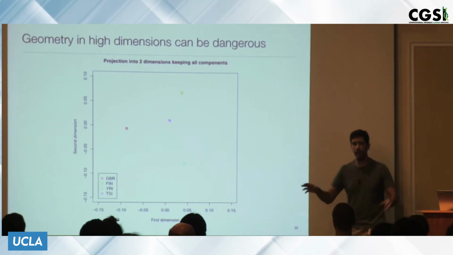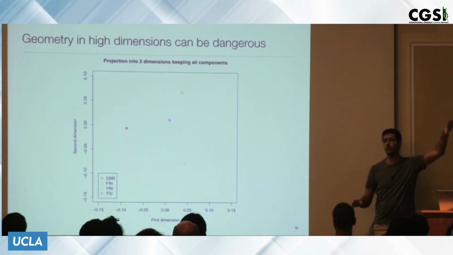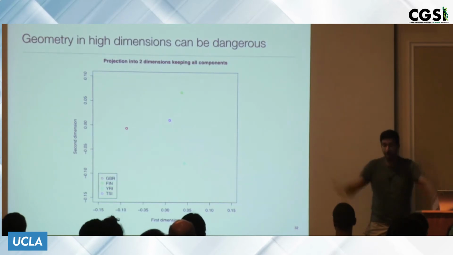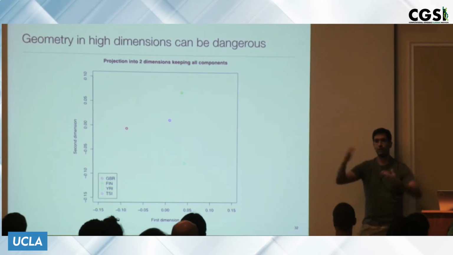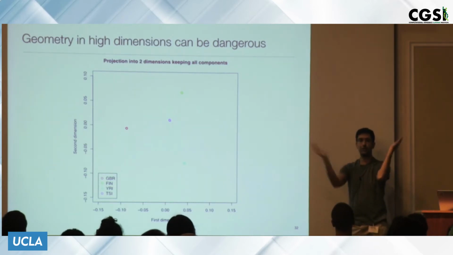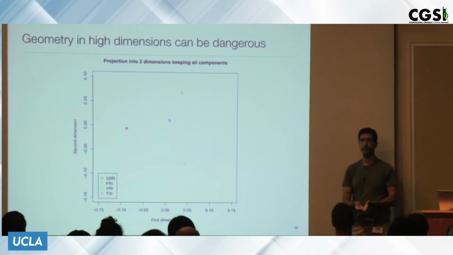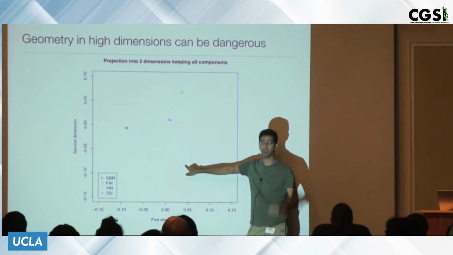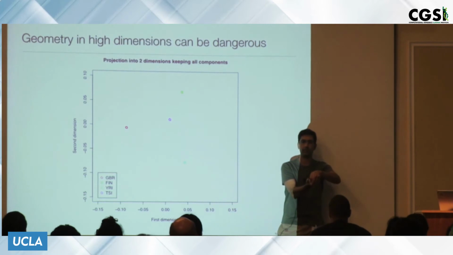If you CCA these individuals against their populations in high dimension, there are so many projections to choose from. You remember, you get to choose two projections, any ones you want, to maximize the correlation, that you can actually get this picture. Each one of these dots is a lot of dots, all collapsed onto each other.